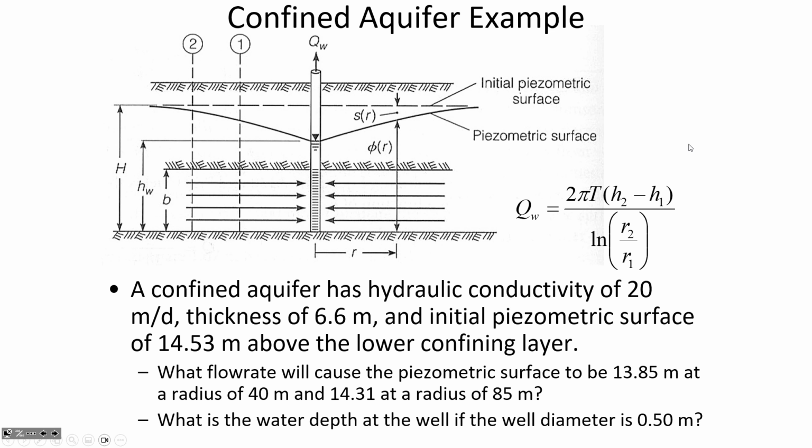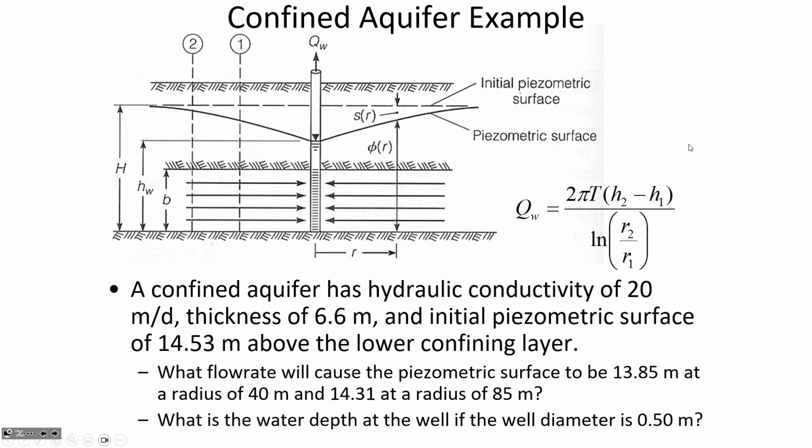Just as a side quest, let me ask you, what is the drawdown at 1? Does anybody know how to calculate the drawdown at 1? Anyone willing to speculate? Brave soul. It's the initial height of 14.53 minus the current height. So the drawdown at 1 is 14.53 minus 13.85.